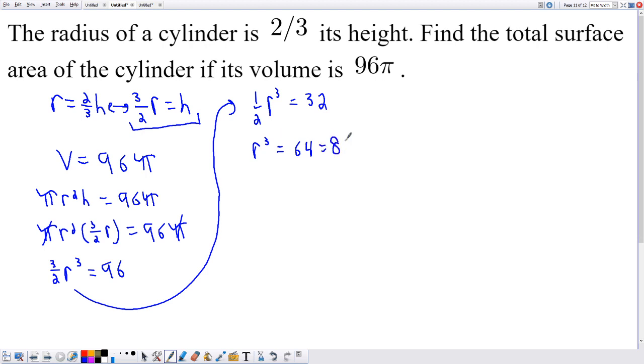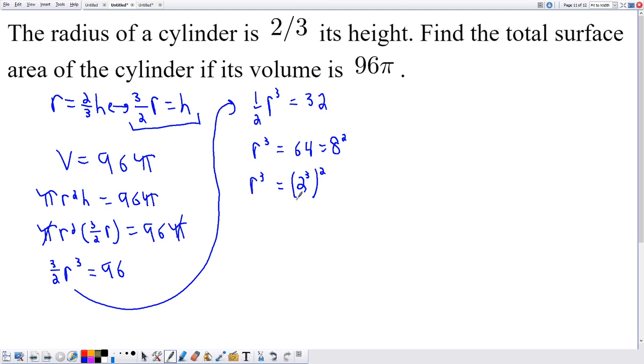This is 8 squared. R to the third, well, we know, in fact, that 8 itself is 2 to the third power. So I can rewrite all this as 2 to the third power squared.